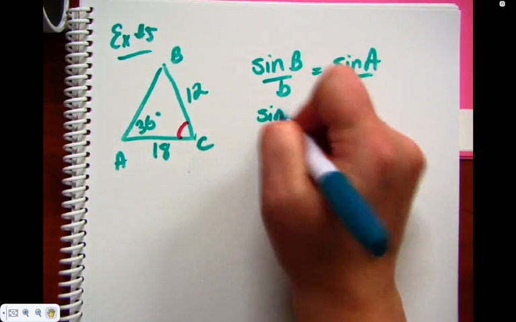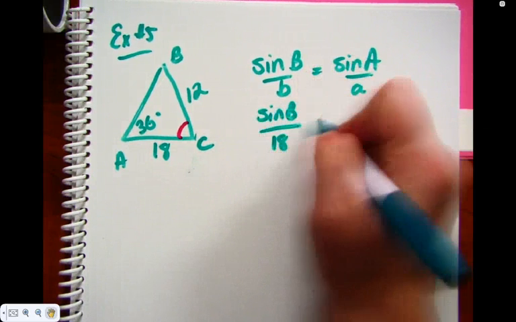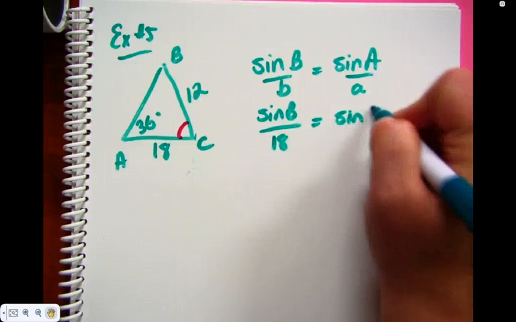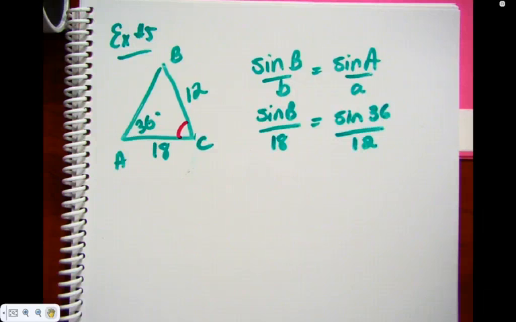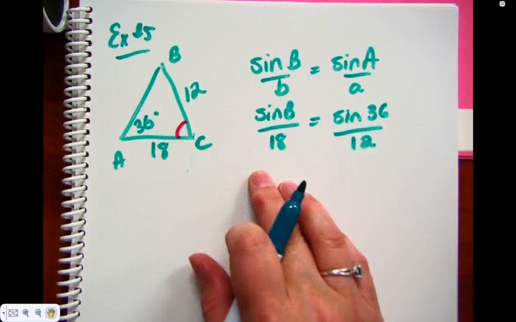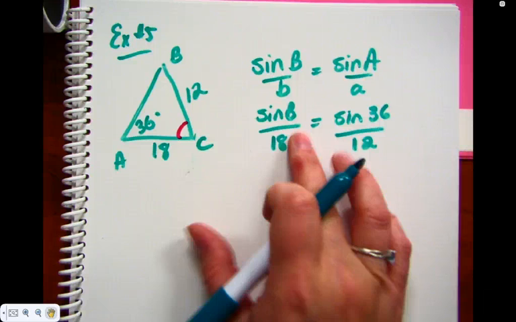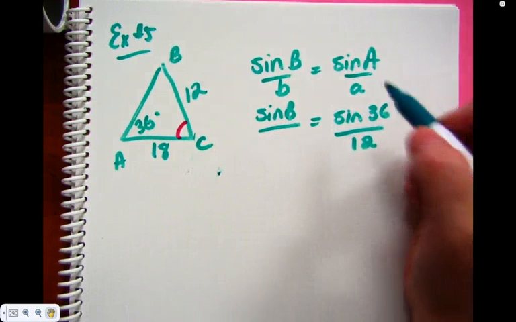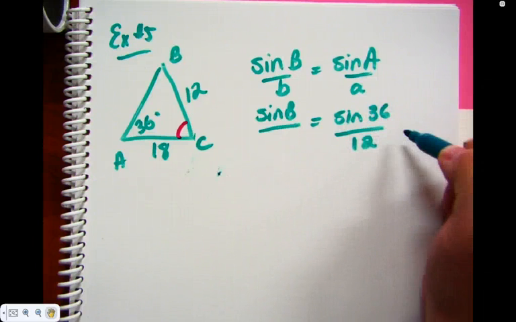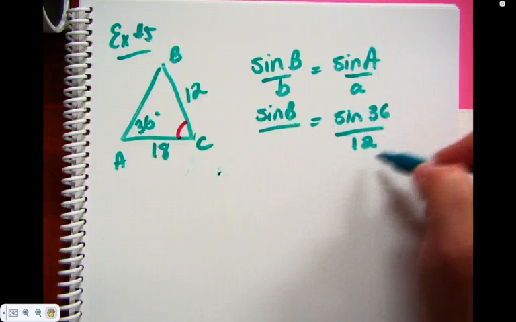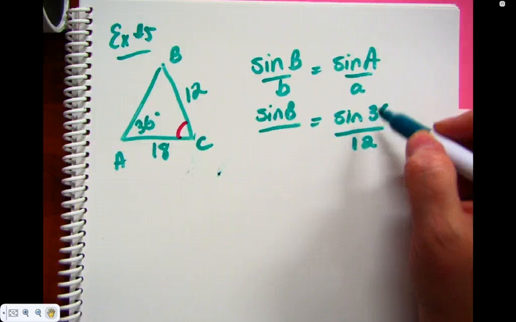So sine of B divided by 18 equals sine of 36 divided by 12. How do we get rid of a division by 18? And where does it go? Where do I put that 18? Don't leave me hanging.